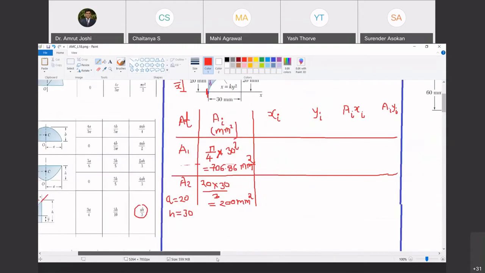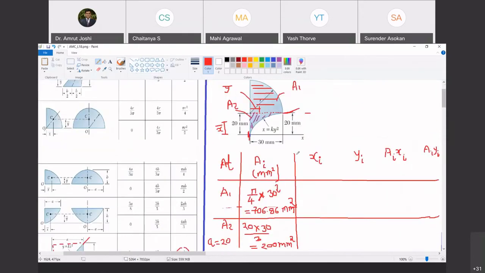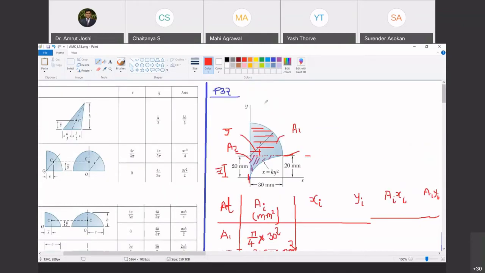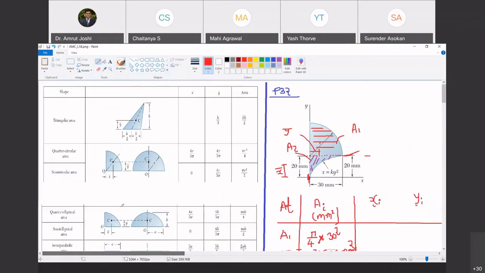Chalo. Now let us write down x bar. Let us complete now one row at a time. So A1, where is the centroid of A1? Its centroid is going to be at a distance of how much? For a quarter circle, what is x bar? For a quarter circle, x bar is 4r by 3 pi. Do you agree with me? Yes, sir.